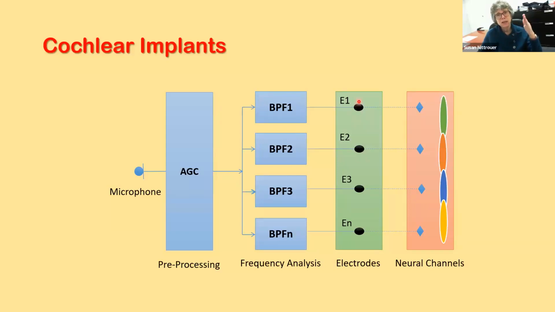The voltage is set according to the amplitude that was derived from the speech signal in that frequency range. Okay, and so then the electrode just provides an electrical signal in the region of the basilar membrane, and hopefully that signal reaches the auditory nerve. Okay, so that's how a cochlear implant functions.